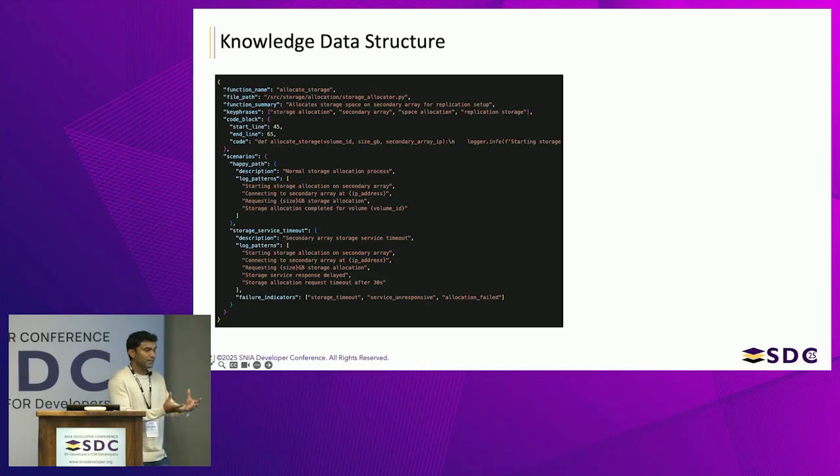Now, given a function, given a query, the model would respond based on that code. Now, along with the code, can we extract more and more details about the function? Like for example, the node data structure is for a function called allocate storage. Similarly, we also build the rich data for the functional test.